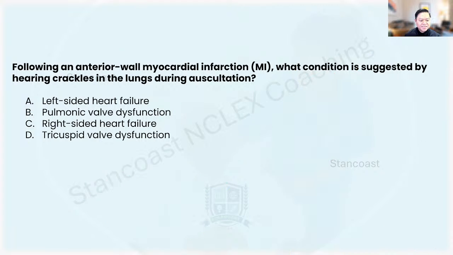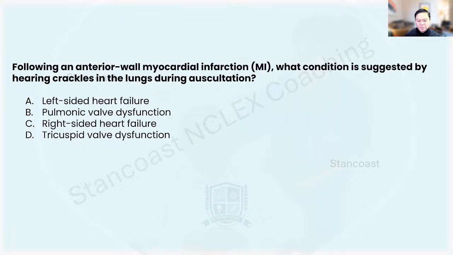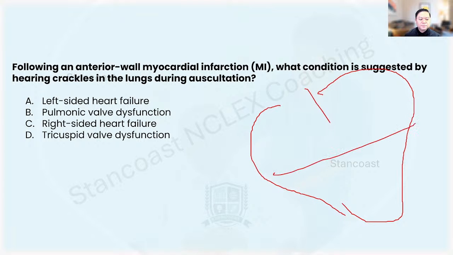Let me erase this. Let's go back to that. Ooh, it's not that correct. Not that picture. So the tricuspid valve, where can you find the tricuspid valve? Creating another avocado heart. The tricuspid valve is an atrioventricular valve that is found in between the right atrium and the right ventricle.